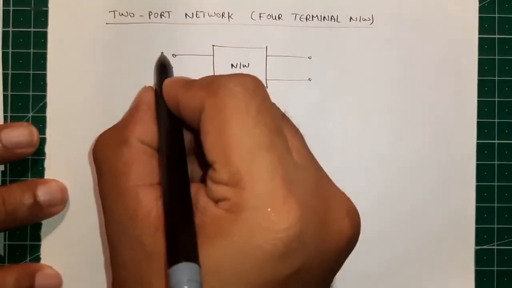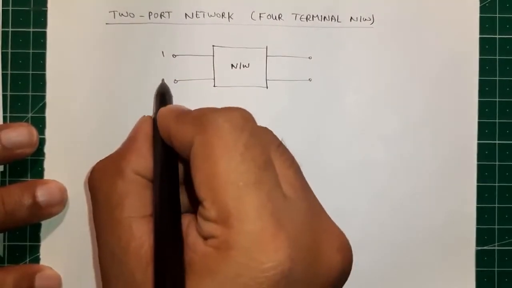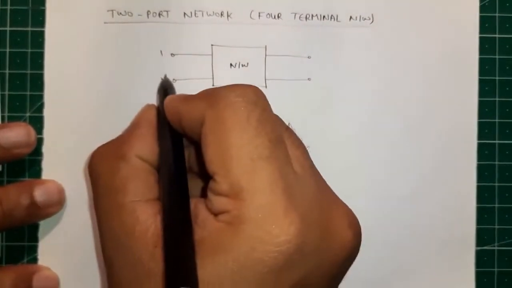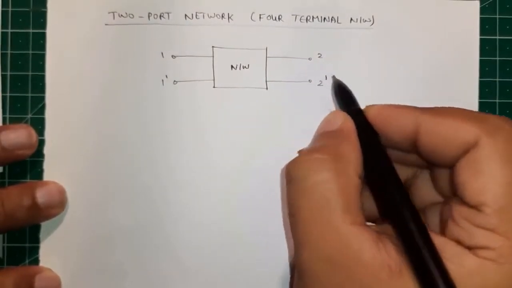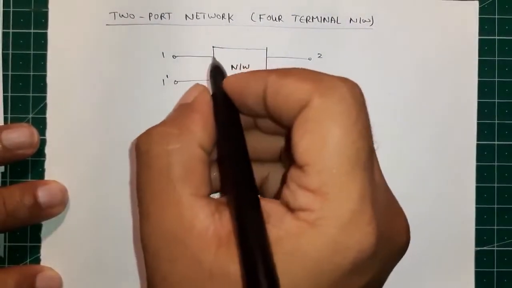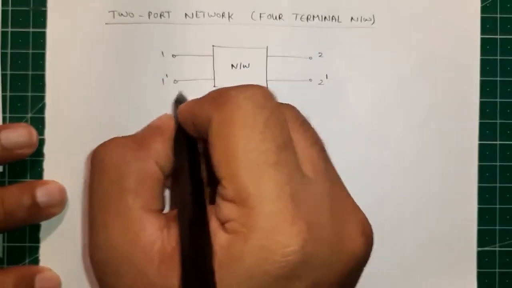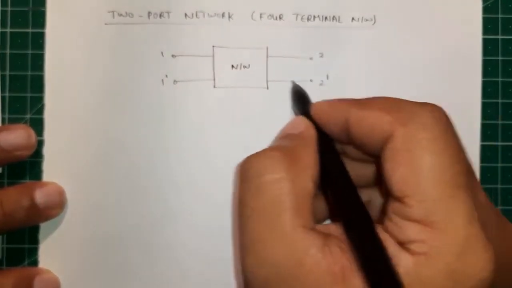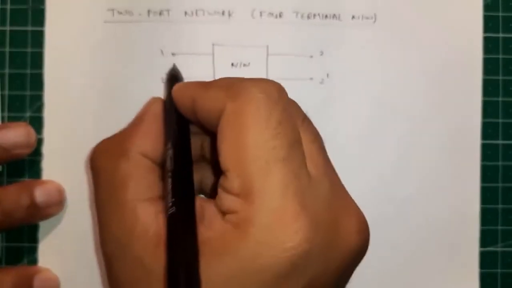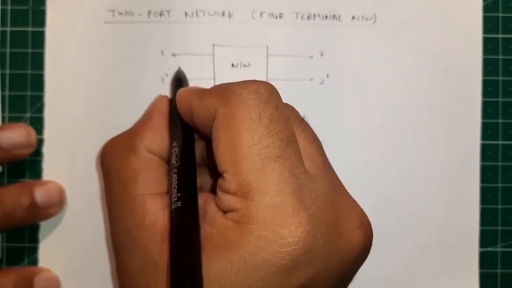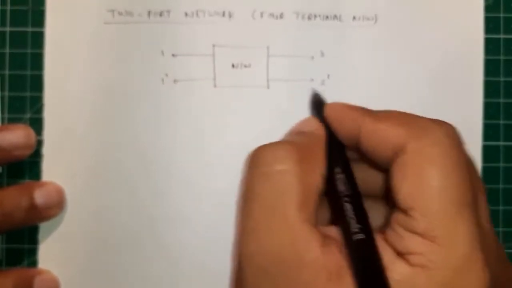We'll label the input terminals as 1 dash, output terminals as 2 dash. So this is called the input port, and this is called the output port. Another name is the sending end, and this is the receiving end.